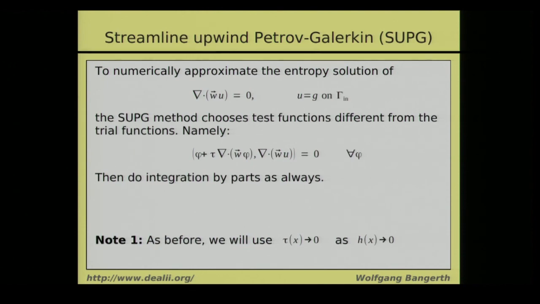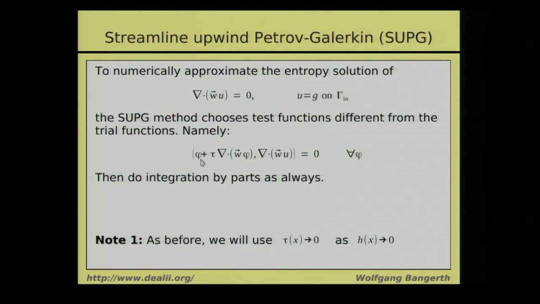This is the artificial viscosity, artificial diffusion approach, and the alternative to this would be something that is called streamline upwind Petrov-Galerkin, SUPG. Essentially the way this works is that instead of multiplying this with a test function phi, you would multiply it not with phi, but with a test function from a different space than what you use for the trial functions.